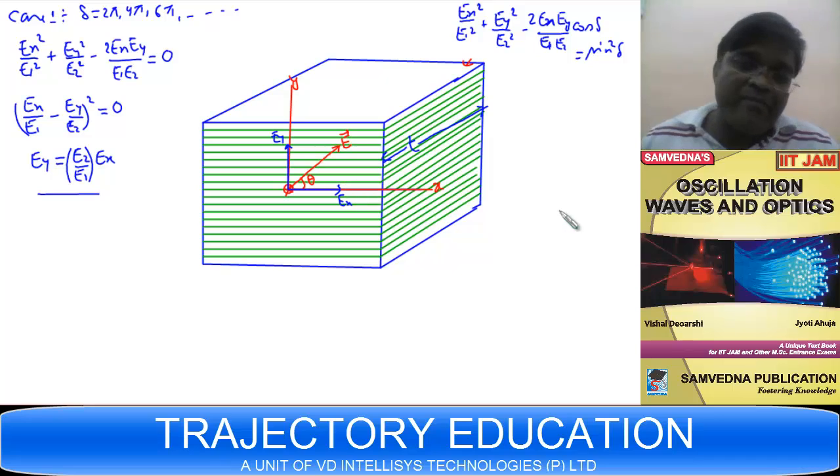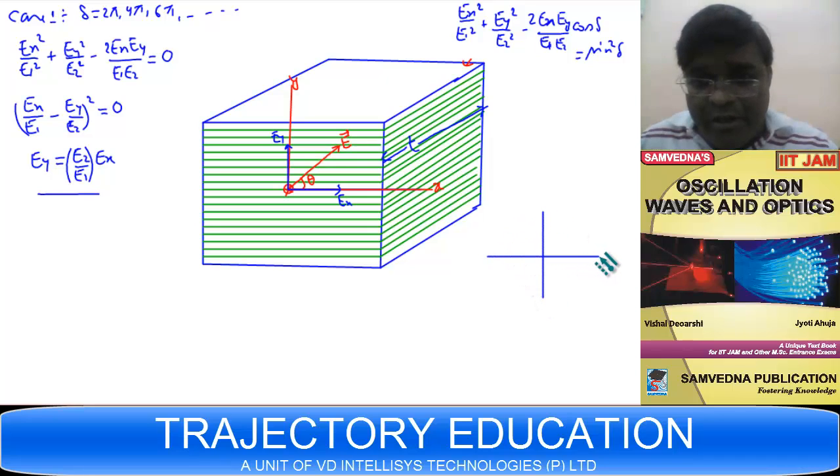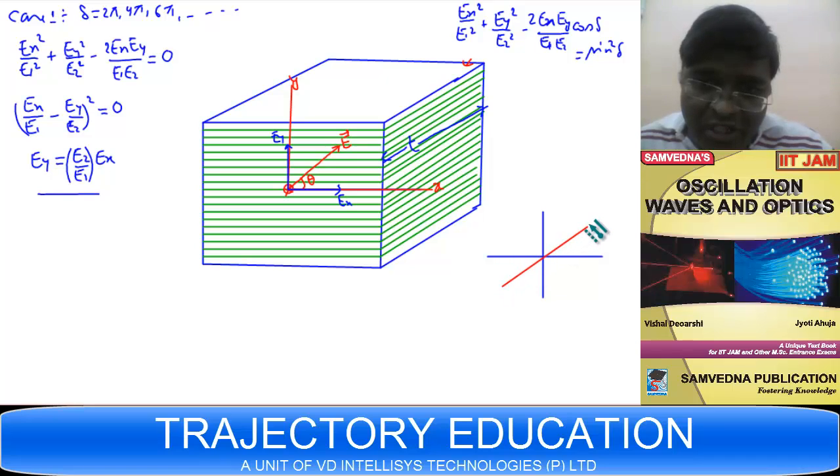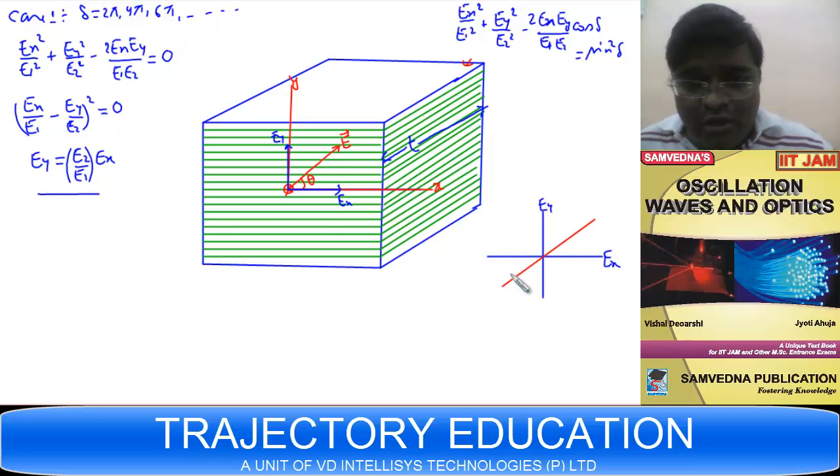It means that after they come out, they will be vibrating, like you remember Lissajous figures, along a straight line passing through the origin. They are in phase, obviously. So the electric field of the resultant wave will be vibrating along this direction, where this angle is tan inverse E2 by E1.